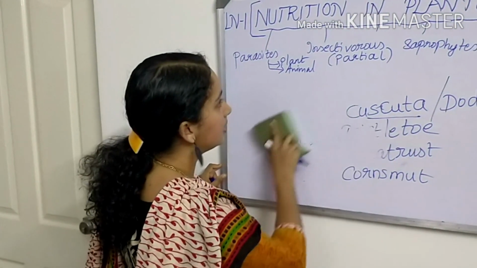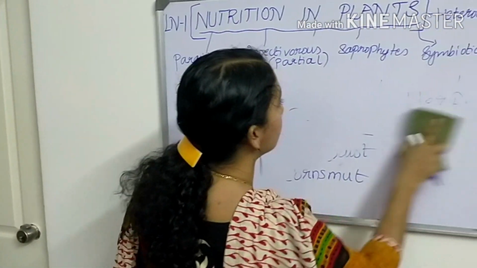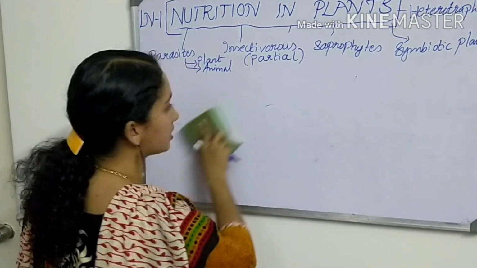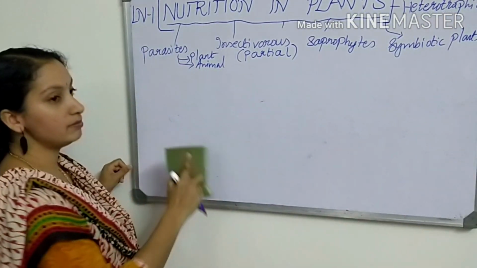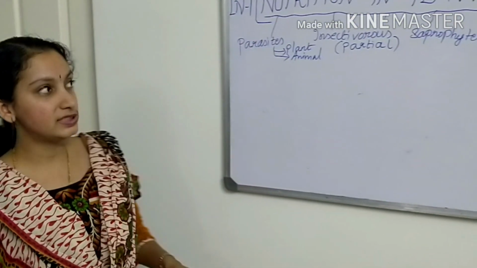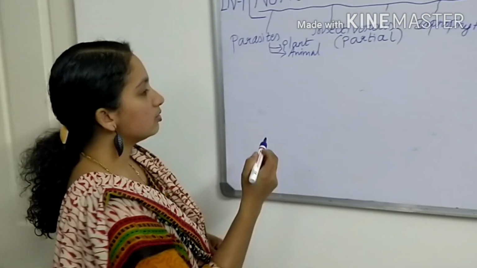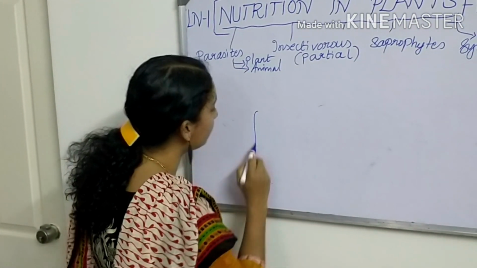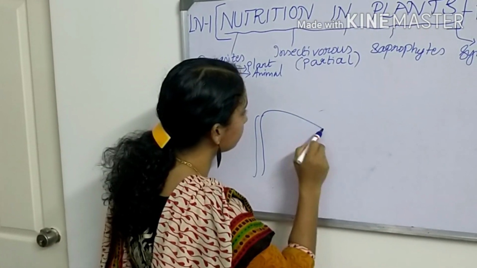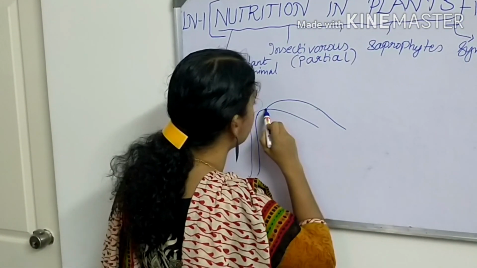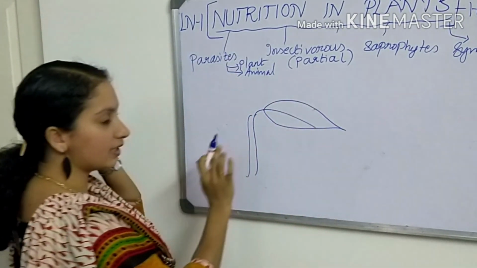Insectivorous means trapping insects to get some nutrients which cannot be produced by that plant. So we have a type of plant whose leaf will be looking like this.